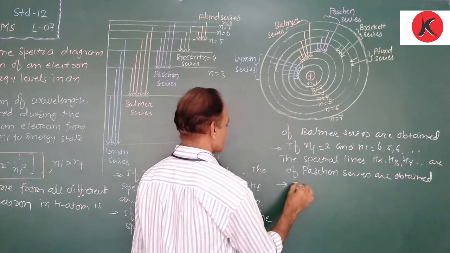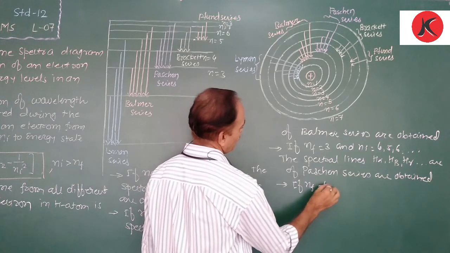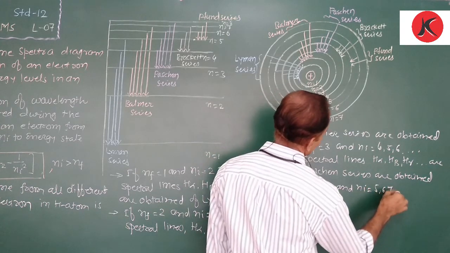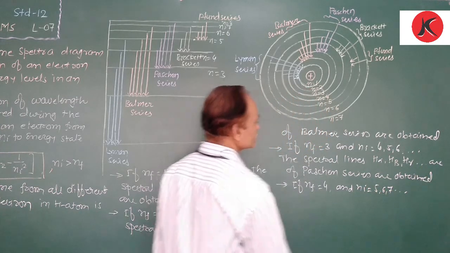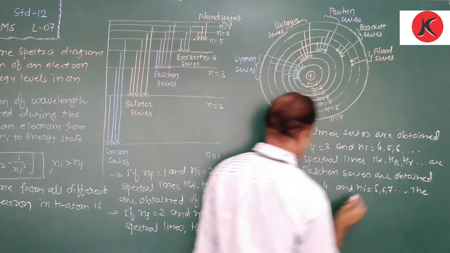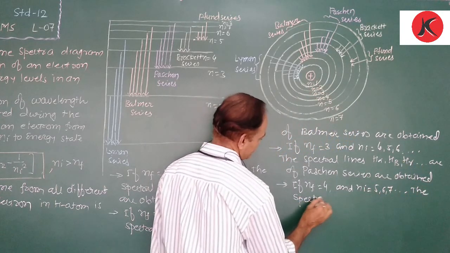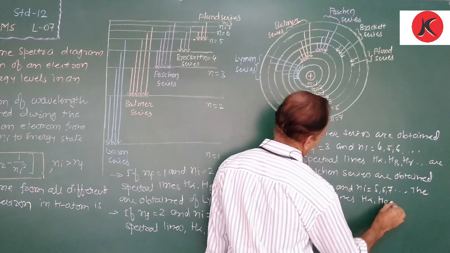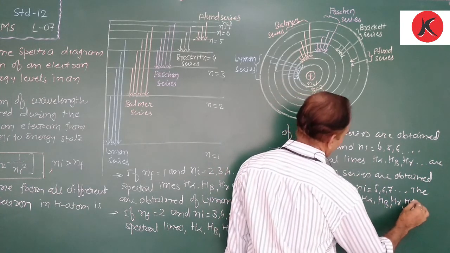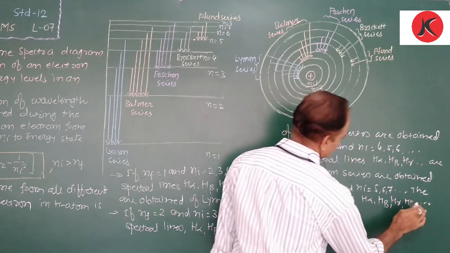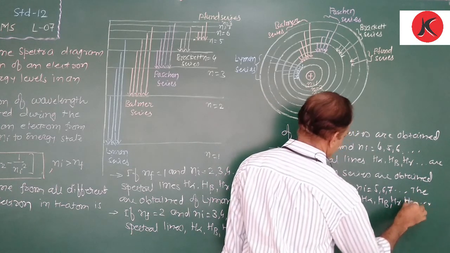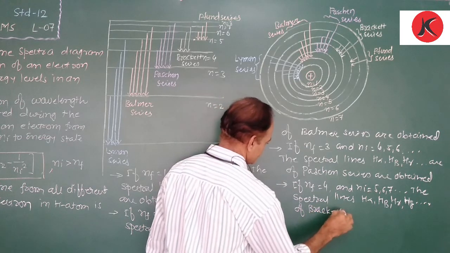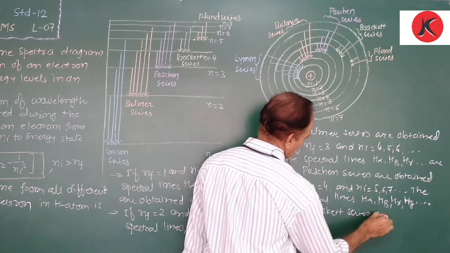And if nf is equal to 4 and ni is equal to 5, 6, 7 and so on, the spectral lines H alpha, H beta, H gamma, H delta, etc. of Brackett series are obtained.